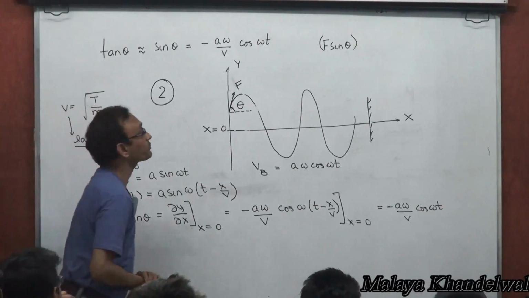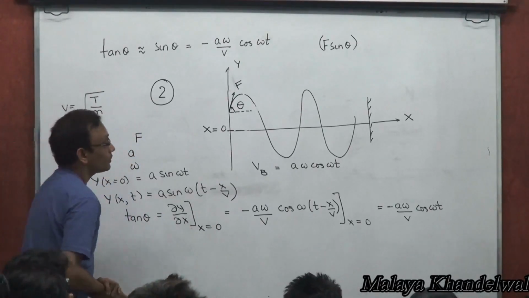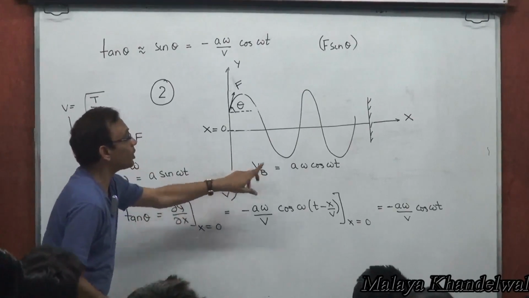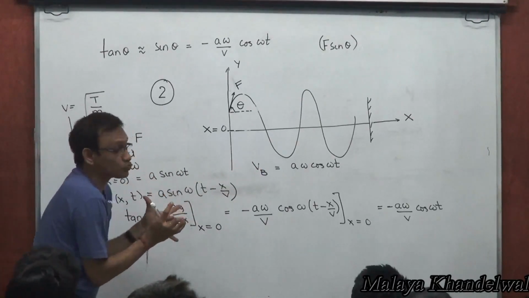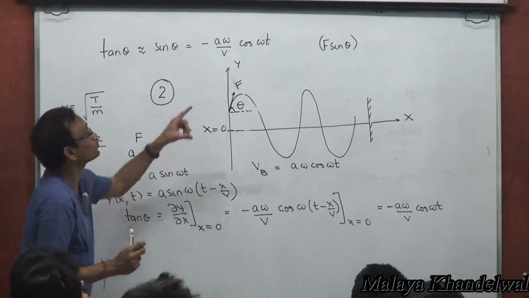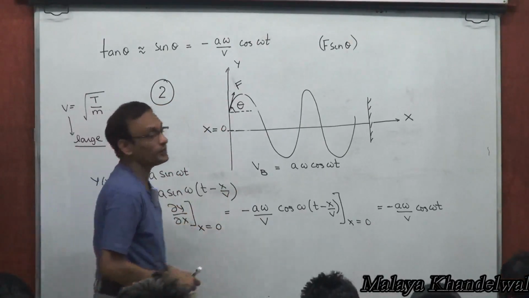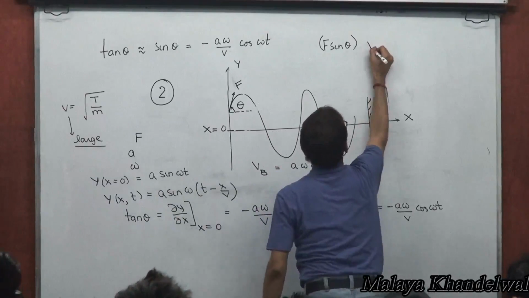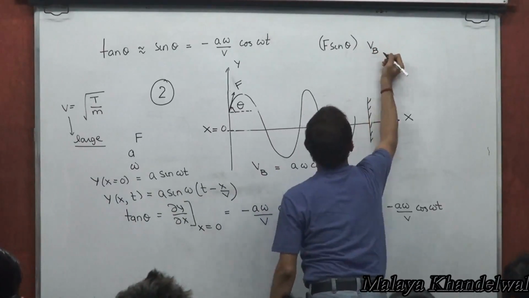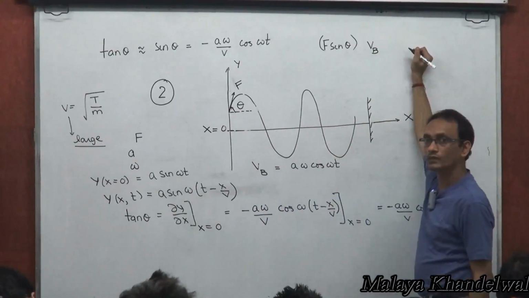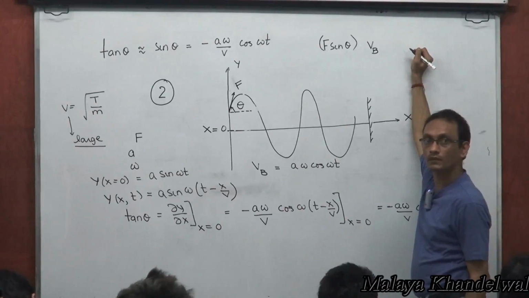Right? Now, with the velocity of the block, the power associated with this force would be F sine theta into Vb. F sine theta into Vb.